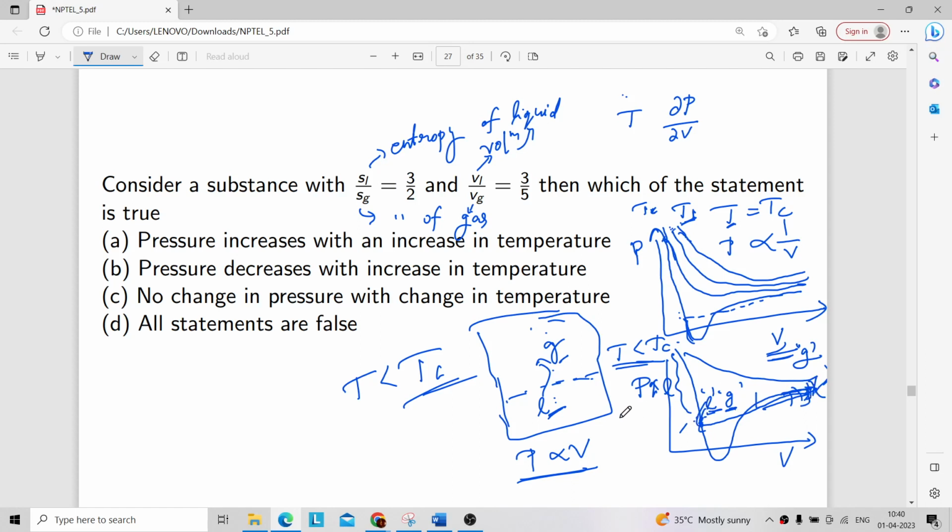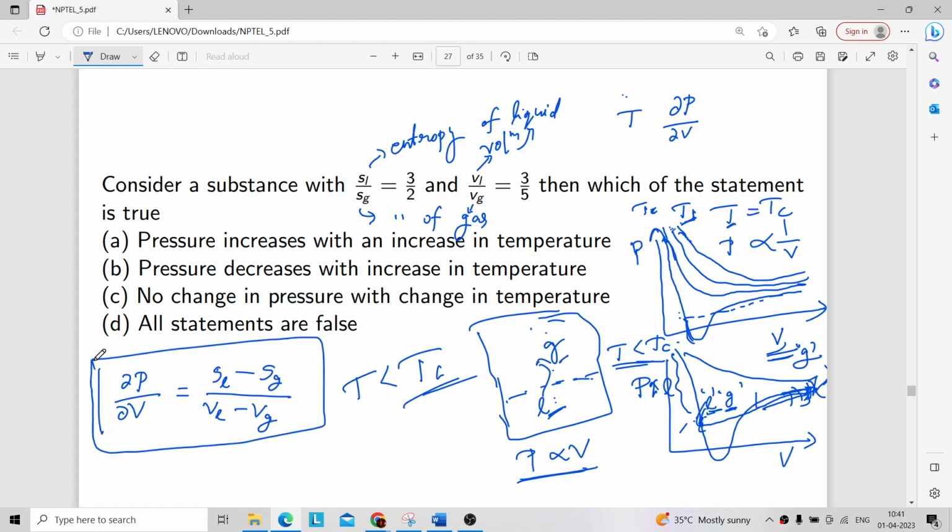This is the critical region for a temperature below the critical temperature. From class, we got a formula: the change of pressure with respect to volume is the ratio between the entropy difference between liquid and gas, and the volume difference between liquid and gas.